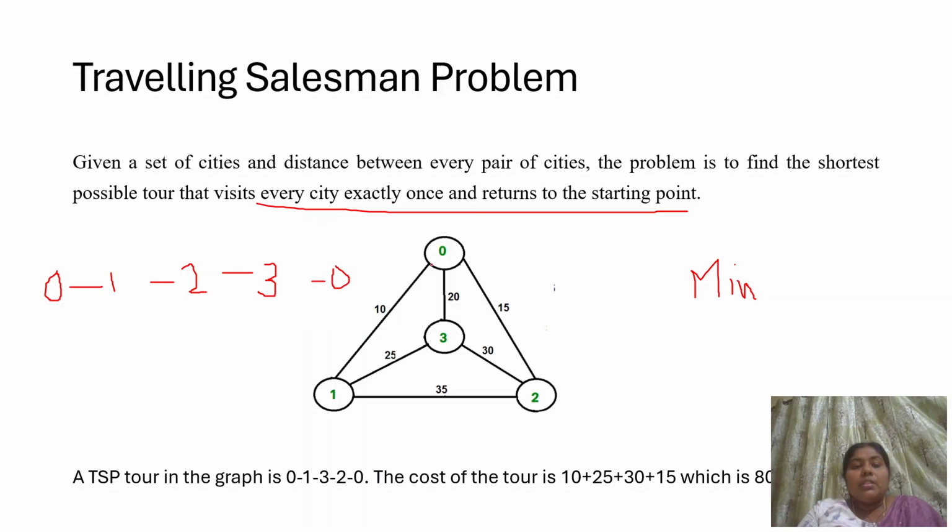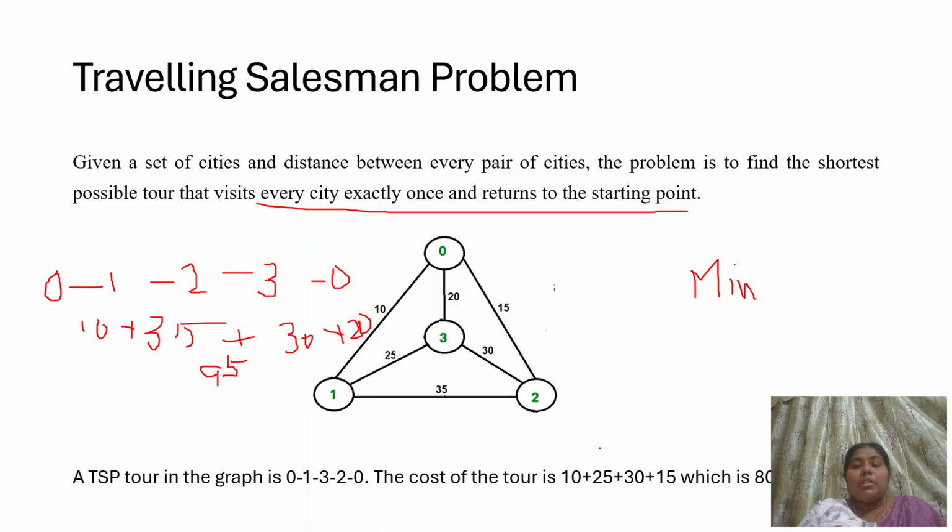What is the cost? 0 to 1 is 10, plus 1 to 2 is 35, plus 2 to 3 is 30, plus 3 to 0 is 20. So the total cost is 45 plus 75, that is equal to 95. This is one of the tours.